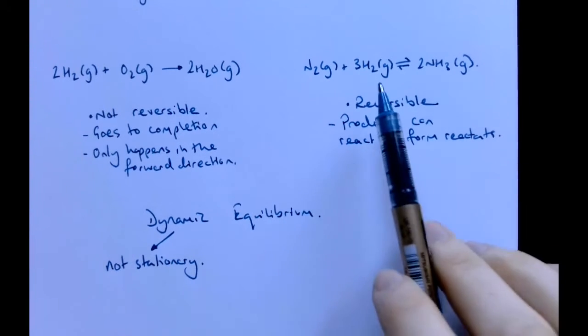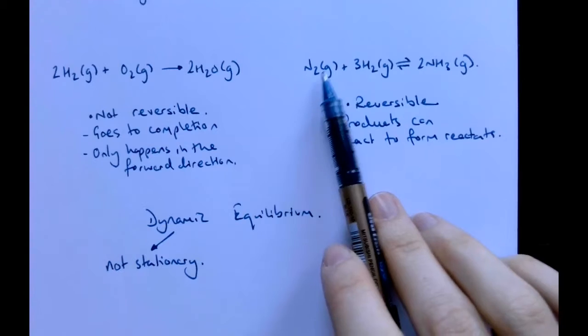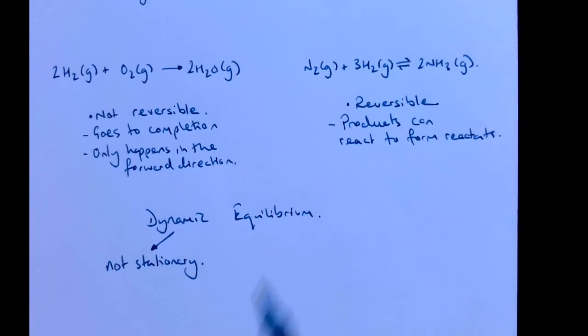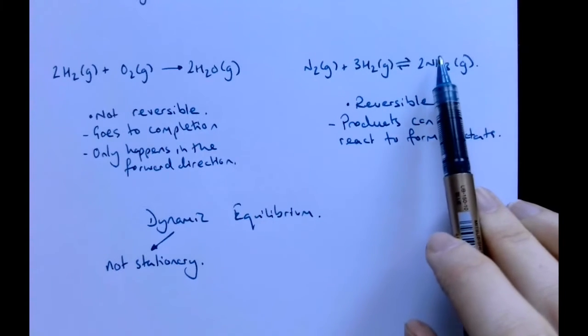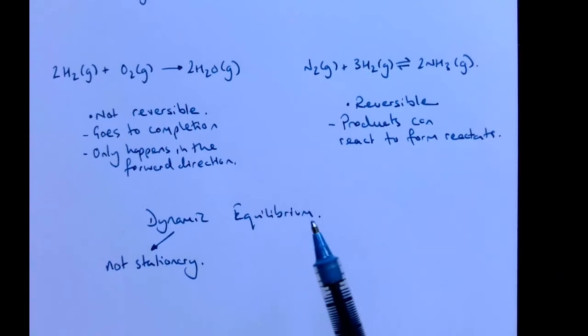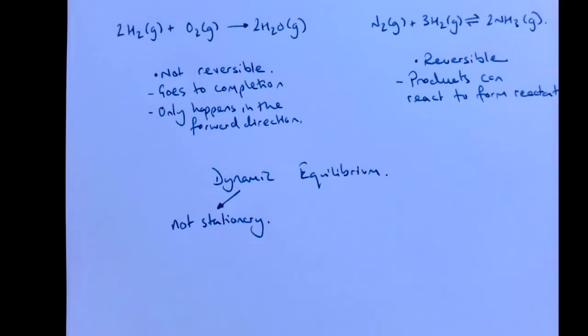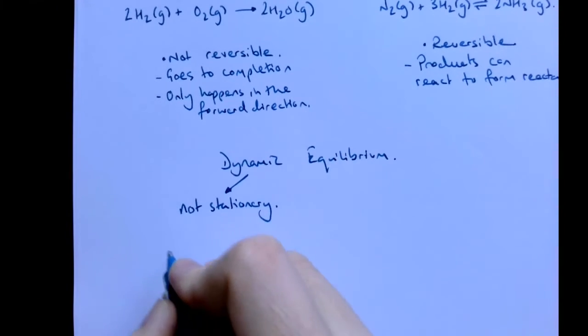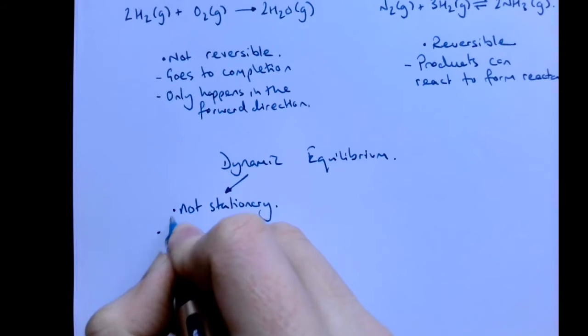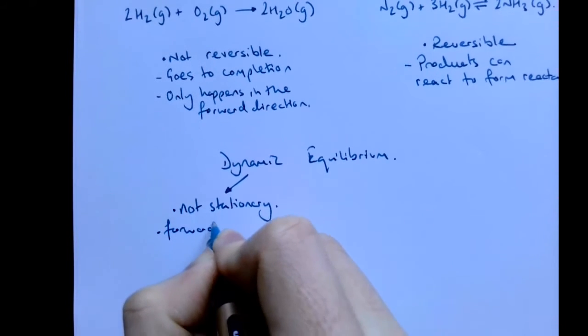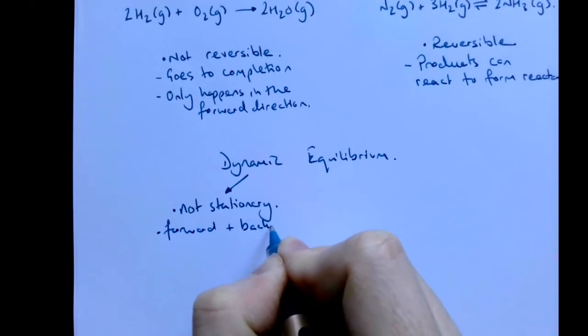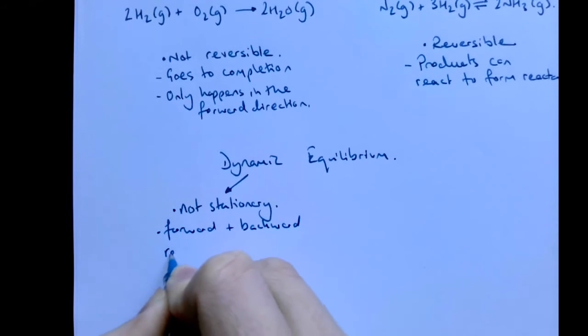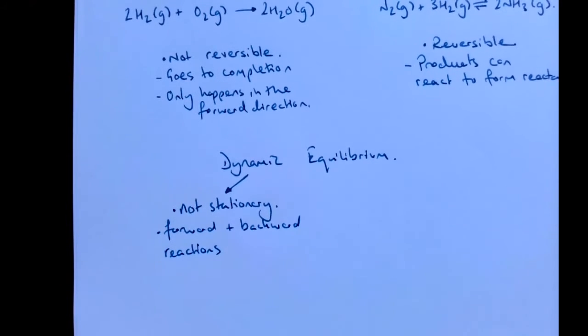That's not correct. All the time, these reactants are reacting together to make ammonia, and all the time, ammonia is forming hydrogen and nitrogen. So that's what this dynamic part means: the forward and backward reactions are both happening.